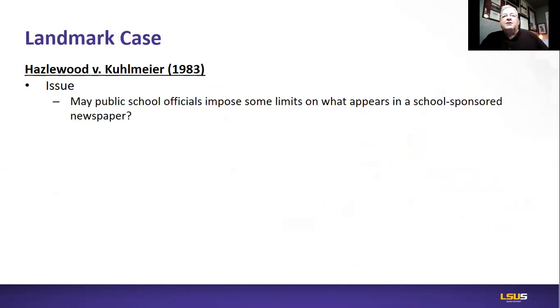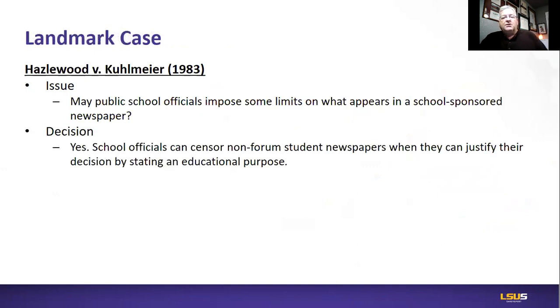The students in question felt that they were being censored and that they had freedom of the press, and the case went all the way up through the Supreme Court. At the Supreme Court level, the Court said certainly school officials can censor the student newspapers when they can justify that from an educational point of view.